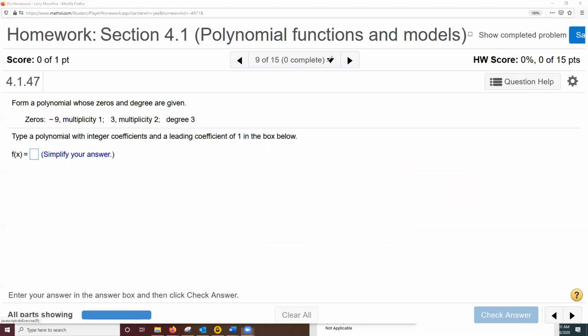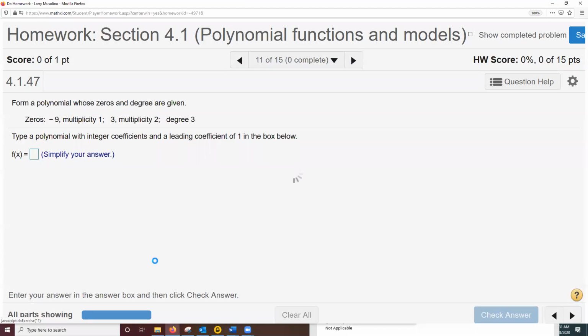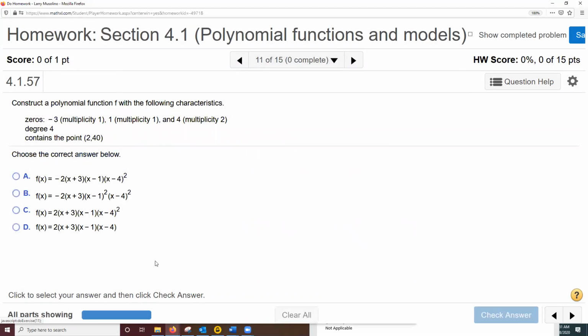All right, let me go to another example. All right, so again, this is asking me to set up a polynomial function, and it's giving me the zeros and their multiplicities.